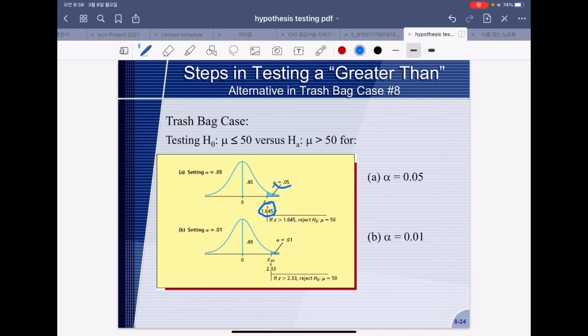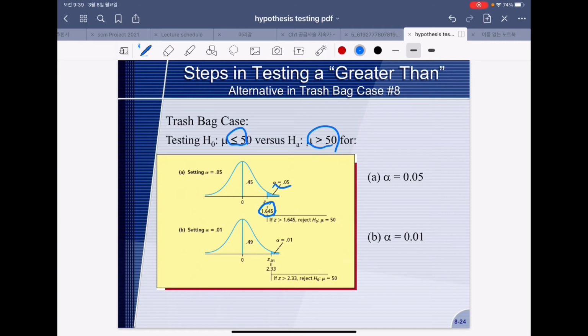The reason the rejection region is located at the right side is that if x bar is pretty big, then you are going to support the alternative and reject the null hypothesis.